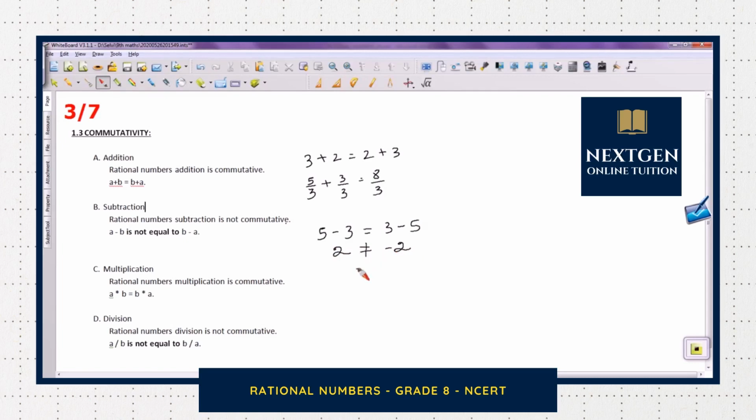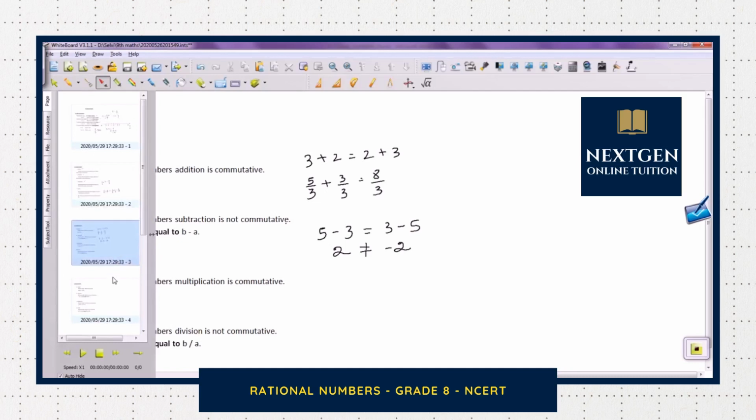The same condition applies for rational numbers also. Multiplication, rational number multiplication is commutative. If I multiply a by b, the answer is the same as b multiplied by a. Division, a by b is not equal to b by a. I can't divide.